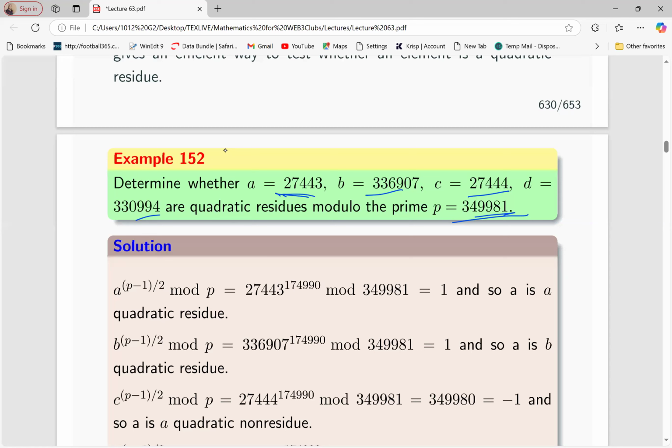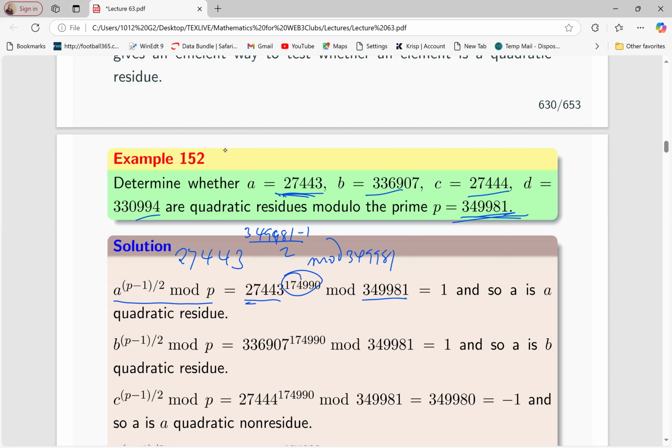But how do we do this? We just take 27,443, then raise it to this number, (349981 minus 1) divided by 2, and do the result mod 349981. That's what I did here. So it will be 27 raised to this, then mod that.